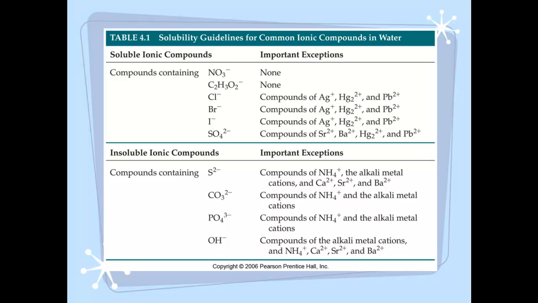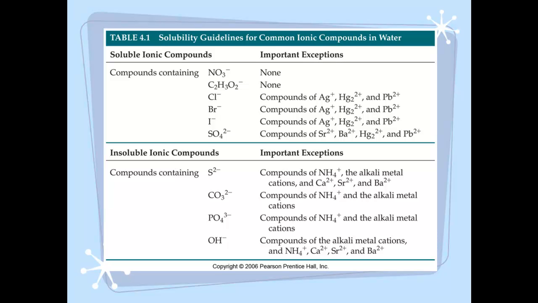Then you also have the alkali metal cations, so lithium, sodium, potassium. If any of those are bonded to sulfide, carbonate, phosphate, hydroxide, they will be soluble. And then you also have some alkaline earth metals in there too, like calcium, strontium, barium, that will be exceptions depending on the anion that it's bonded to.